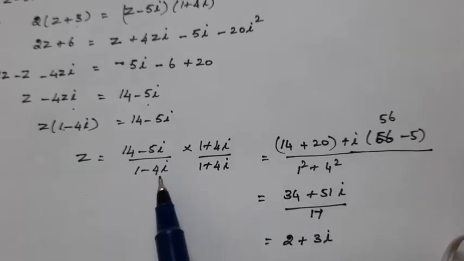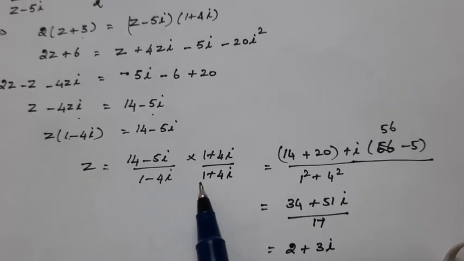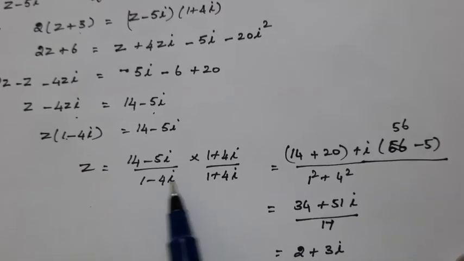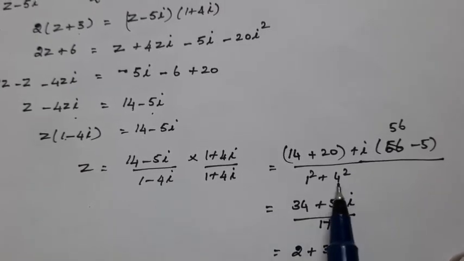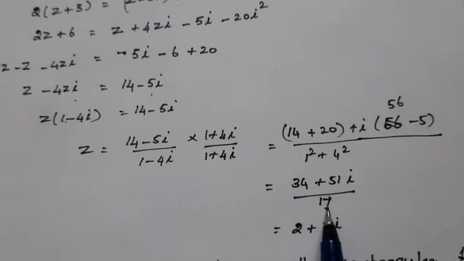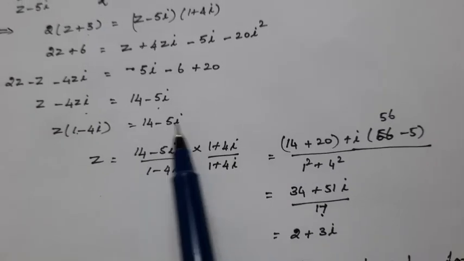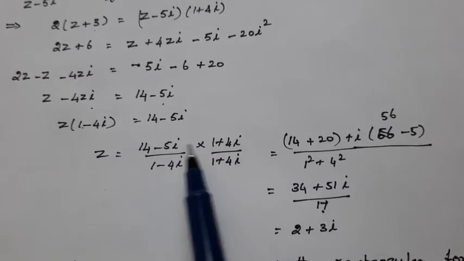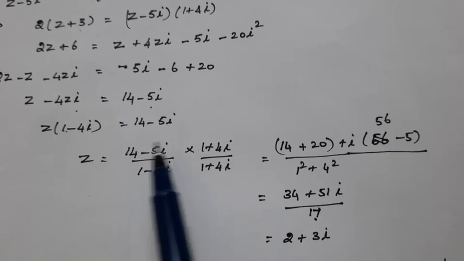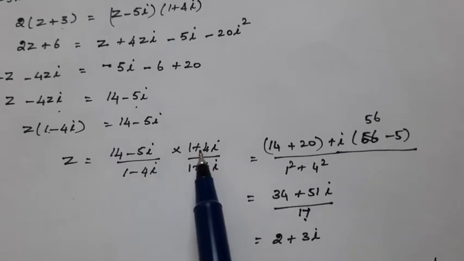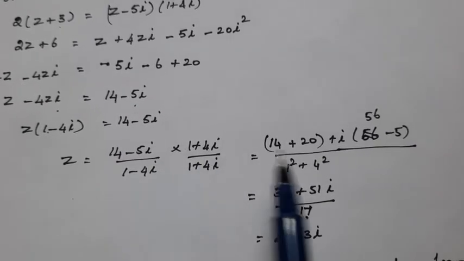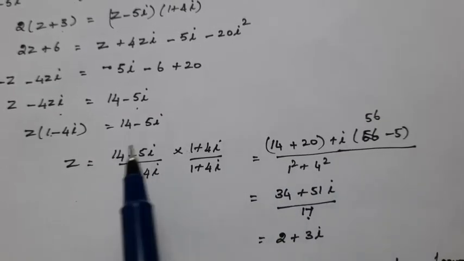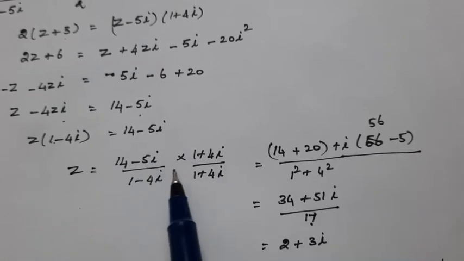So according to the rule, the denominator will become 1 squared plus 4 squared. Don't take minus 4 or plus 4, just take the number alone and square it, 4 squared. So this will become 17. And here, using the multiplication rule of complex numbers: real into real minus imaginary into imaginary, 14 into 1 is 14, minus 5 into minus 4 is 20, and the formula has minus, so it will become plus 20, plus i into real into imaginary plus imaginary into real.